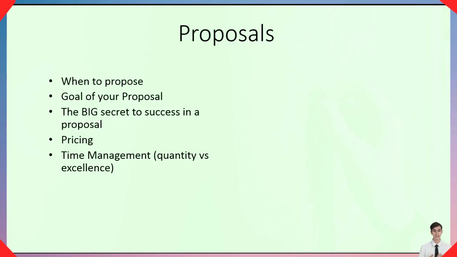Okay. Time management, quantity versus excellence. When I'm talking about time management, I'm talking about writing proposals. So you could go out and say, today I am going to submit 20 proposals. Well, don't try and do it my way. You'll be exhausted. You're going to have to work day and night to get 20 proposals in.